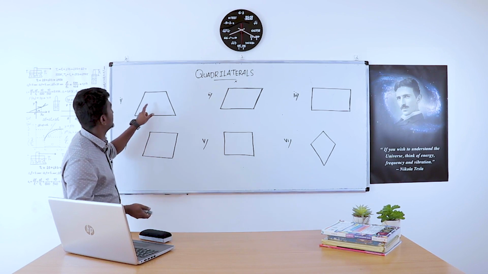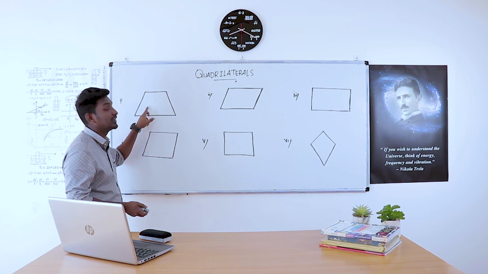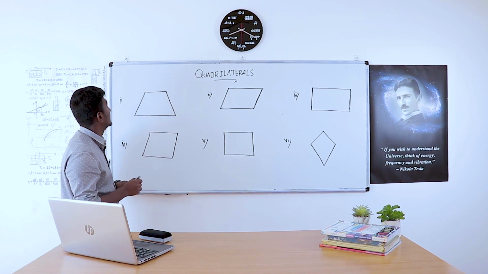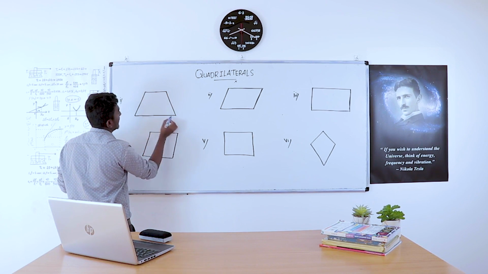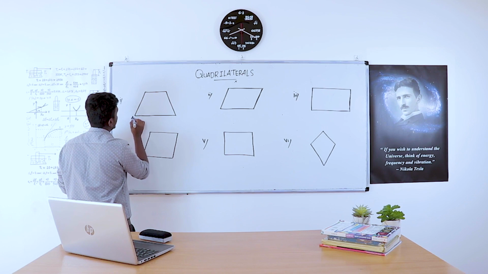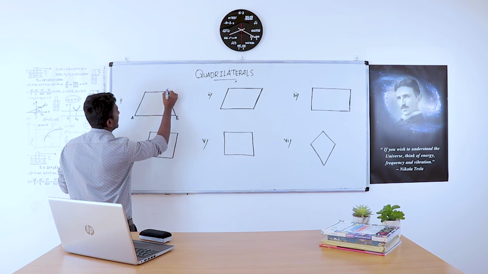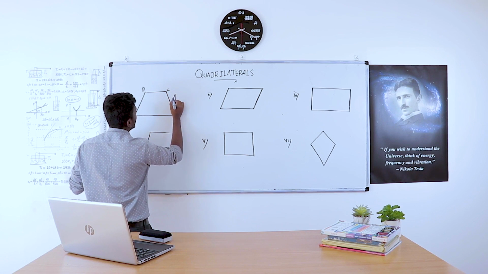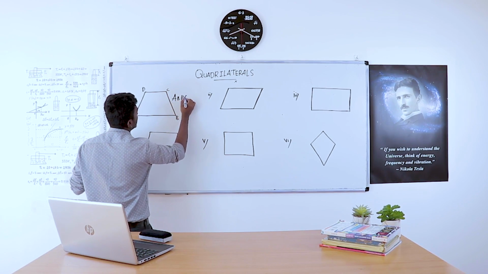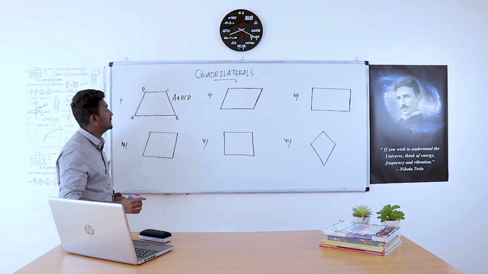So what is the specific feature of the first quadrilateral? In the first quadrilateral, this side and this side are parallel to each other. When I name this A, B, C, D, we can say that AB is parallel to CD.